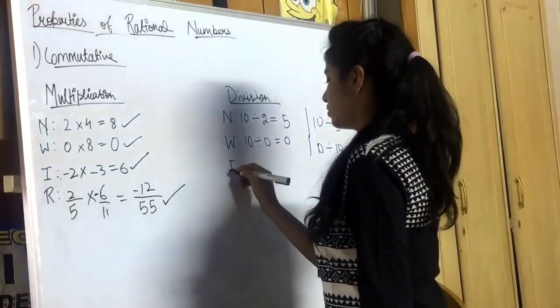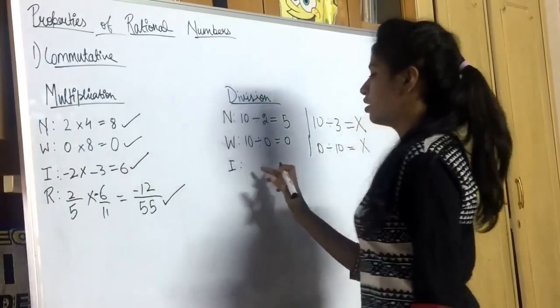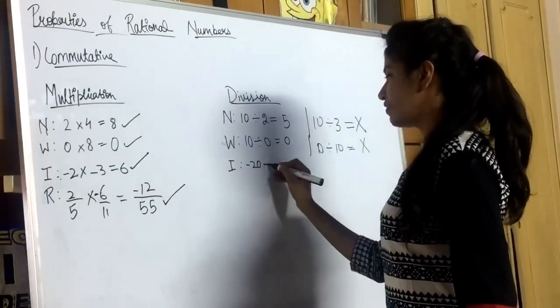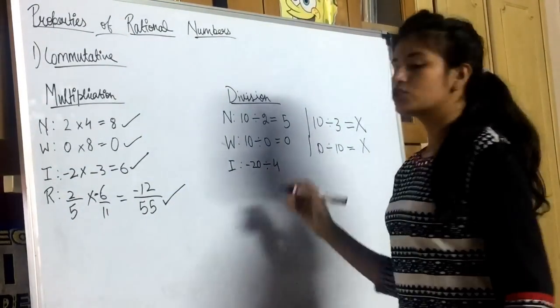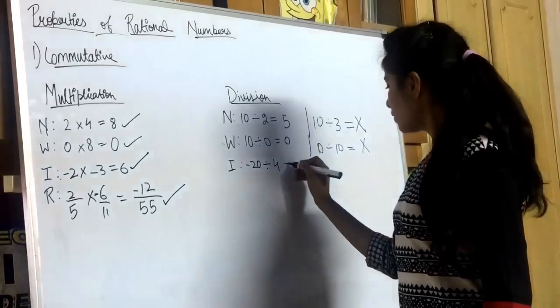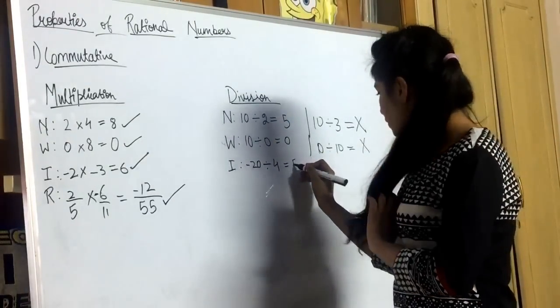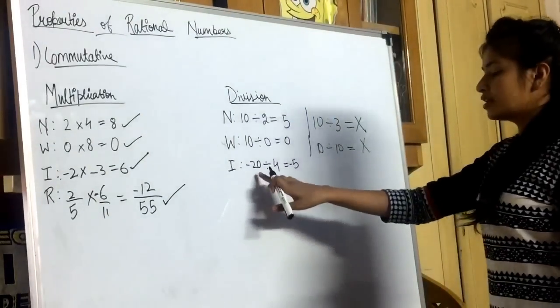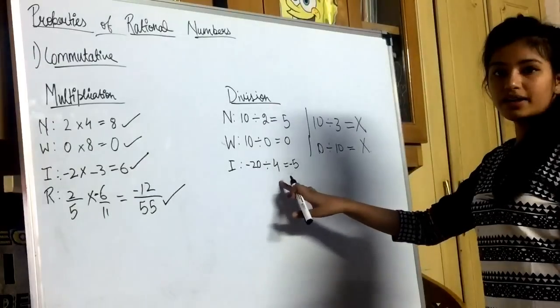Now we see for integers. Let's take an integer, say minus 20 divided by 4. So minus 20 divided by 4 gives us minus 5. But this is exactly divisible by 4.